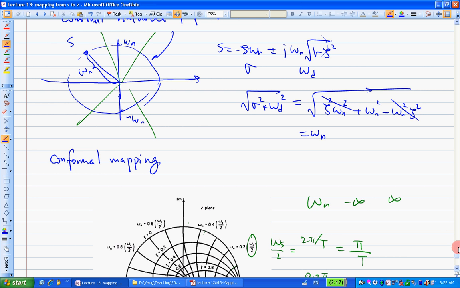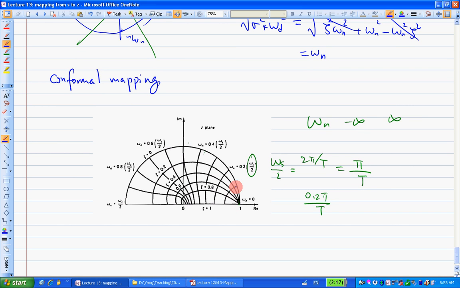So after the mapping, the natural frequency loci in the z-plane should also be perpendicular to all the different constant damping ratio loci, right? So this is why you see in this mapping those curves here, corresponding to different natural frequency values, right?